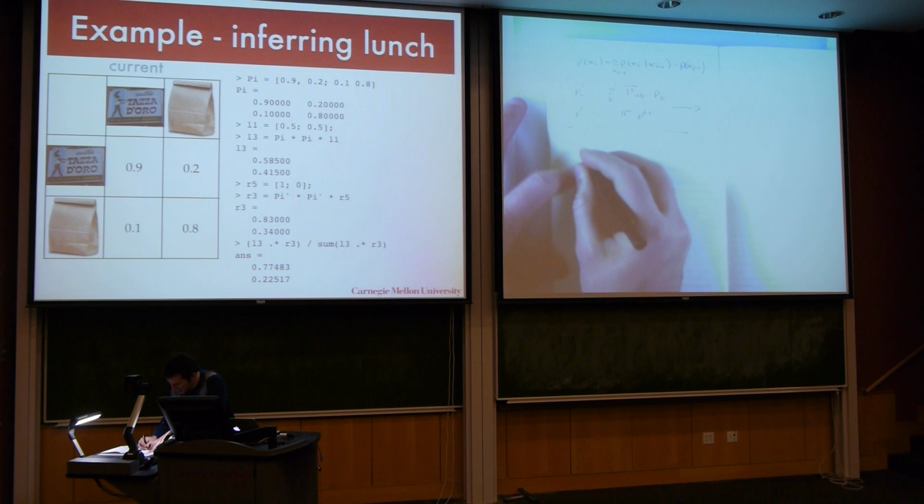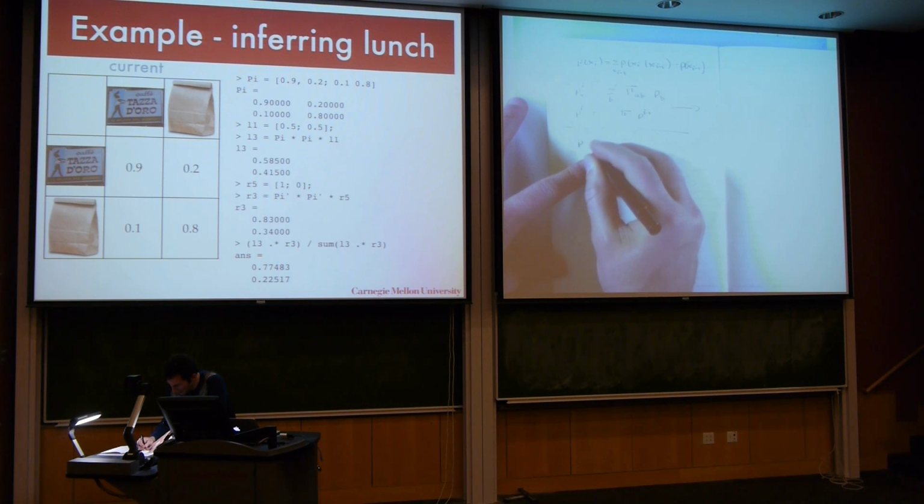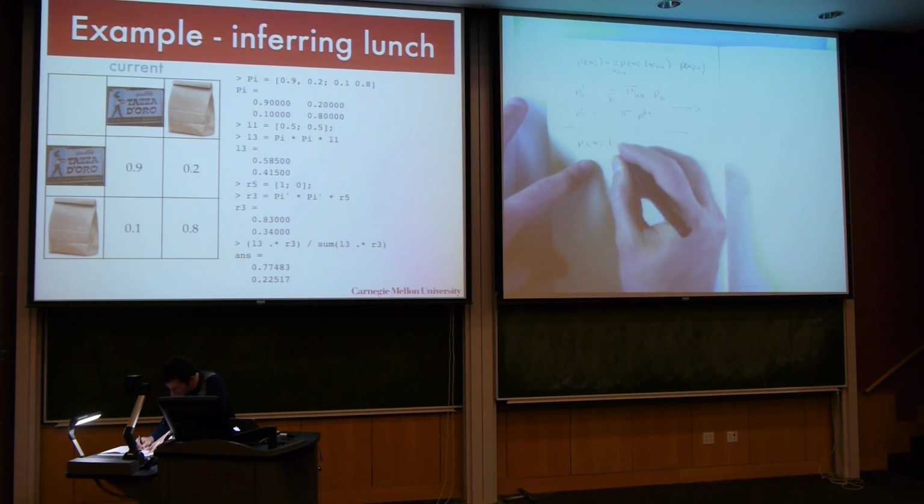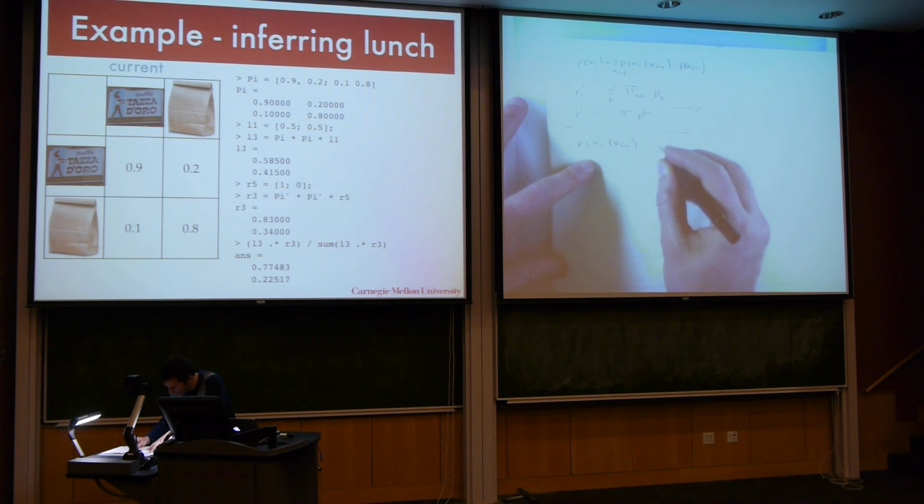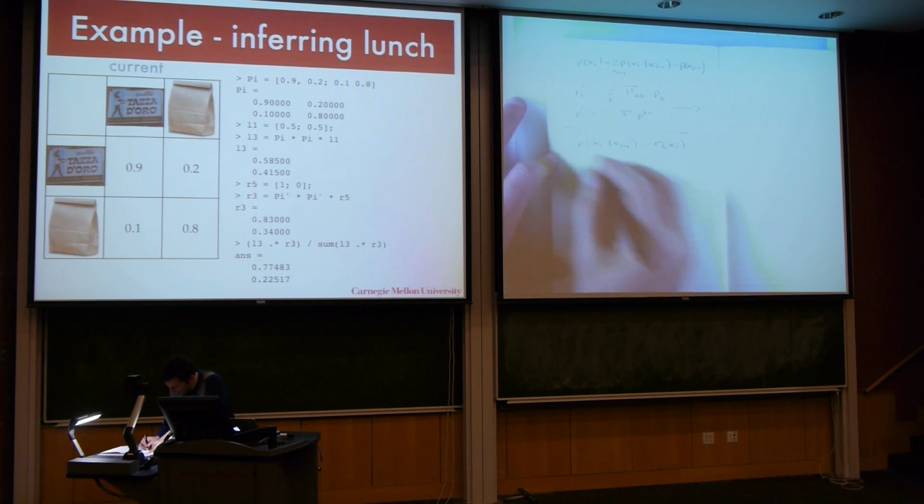For the backwards pass, what I have is the unnormalized term, namely I get P of xi given xi minus 1 times some right-hand message, so let's just call it R of xi, sum over xi.